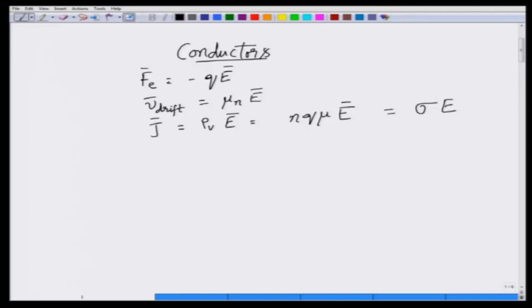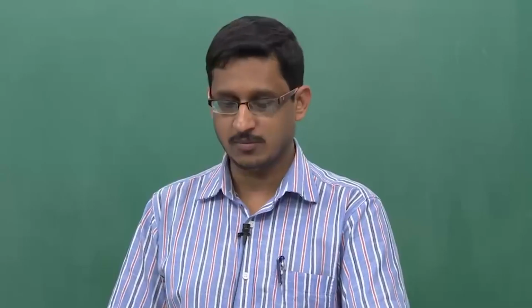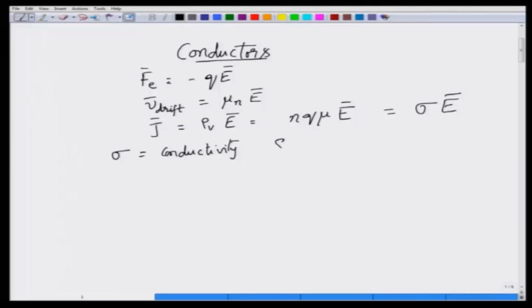In common language, this n q mu is represented by a quantity called sigma, and sigma stands for conductivity. In olden days it was measured in 1 by ohms, sometimes called mhos. The modern unit for measurement of conductivity is the Siemens.